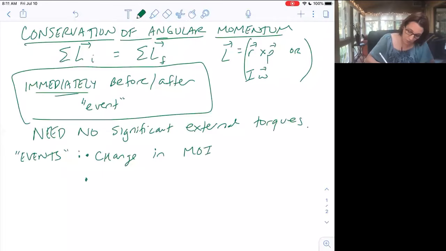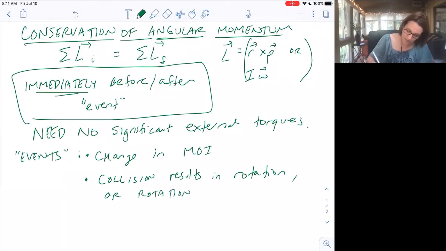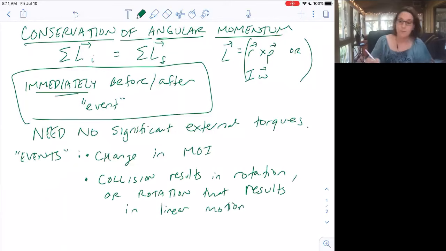Another event would be some sort of collision that results in rotation, or some sort of rotation that results in linear motion. So let me explain what I mean by both of these.